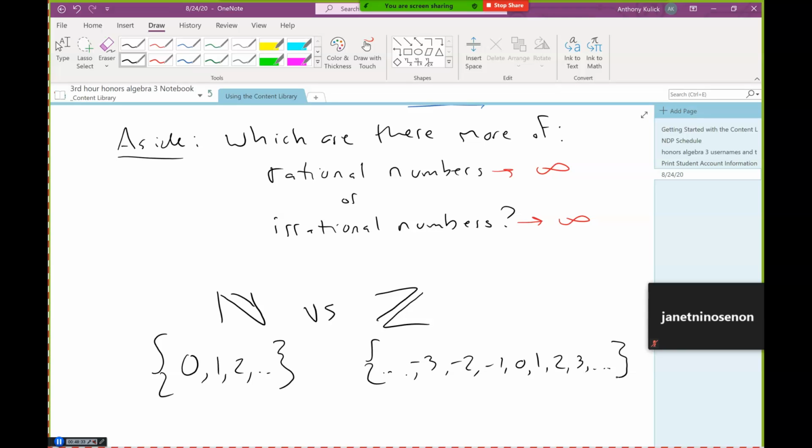You could pair things up from each set, and if you're able to pair everything up here with something from here, they must have the same amount of things also, right? That's what we're going to do here. That's going to be, when we're dealing with infinity, an easier way to count things because there is no end to our infinite count. Everybody okay with that idea?